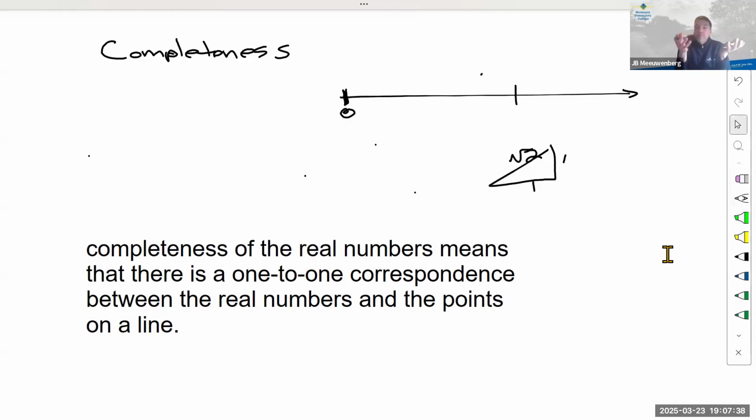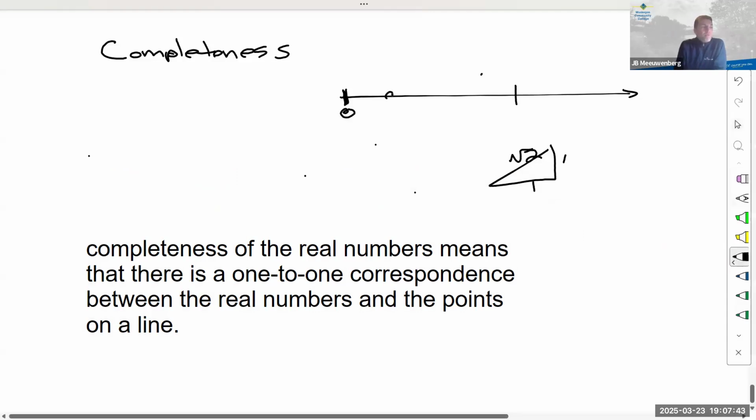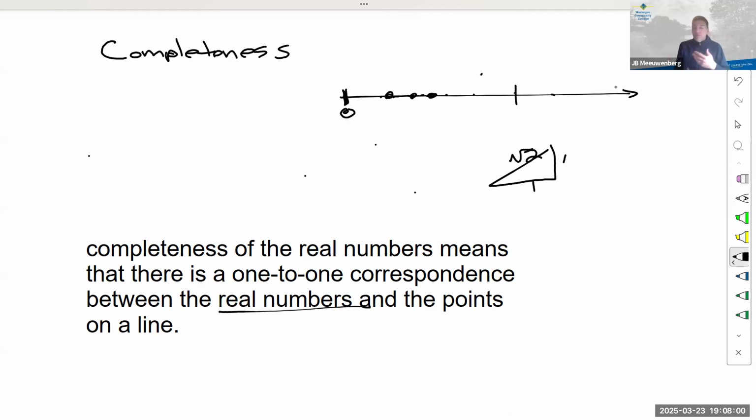There's an equal number of them. So if you think about points on a line, there's a point, there's a point, there's a point. Imagine all the points packed together so closely on a line that there's no space that exists between them all. Every single point can be matched with a real number as well. Something between above and below 0, right? And so that's the idea of completeness. And no other number set has that. No other number set has that.